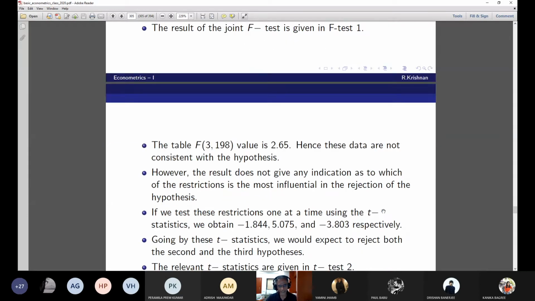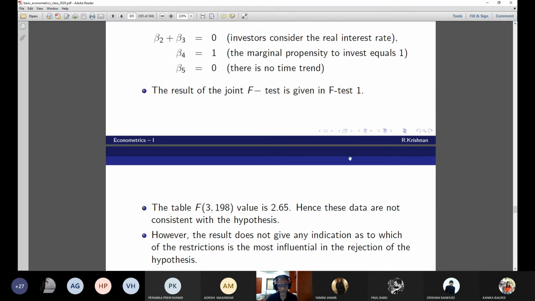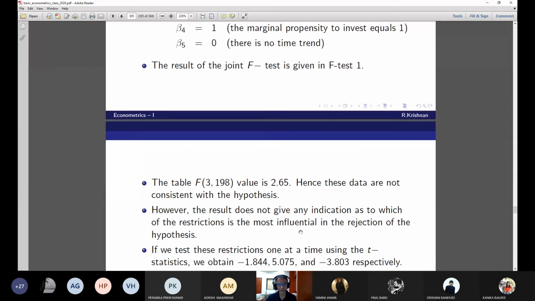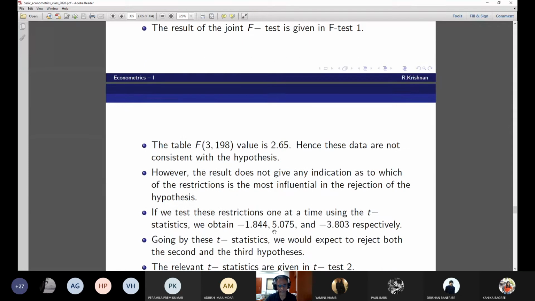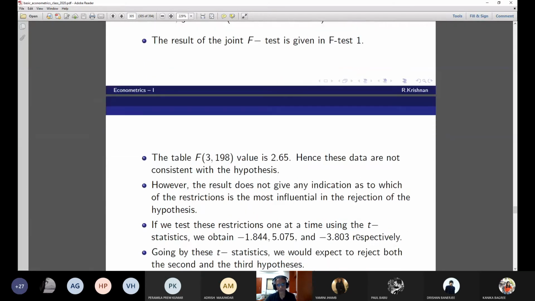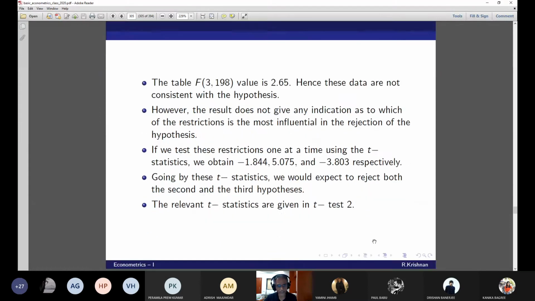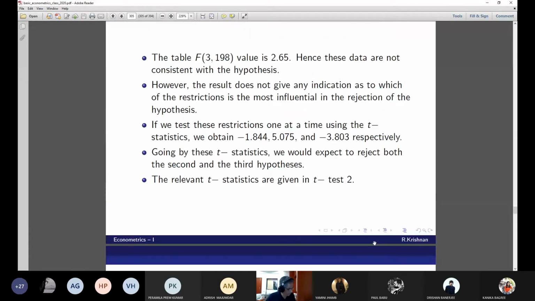So I went for a T test. The T test tells you the first hypothesis, that investors consider only the real interest rate, is accepted, but the second two hypotheses, that the marginal propensity to invest equals 1 and that there is no time trend, are rejected convincingly. That's what you can conclude. Now these two are giving contradictory results.